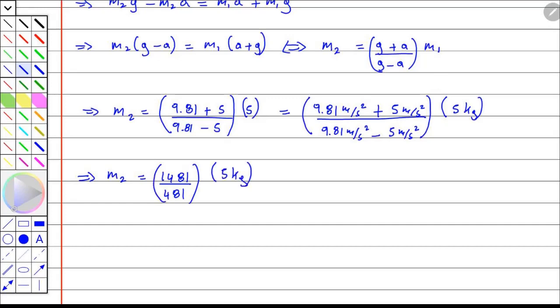And as we can see, the answer is expected to be in kilograms, just like the measurement units of mass. So by doing this calculation, we are left with 7,405 divided by 481 kilograms. So this is an exact answer because it is given as a single fraction.